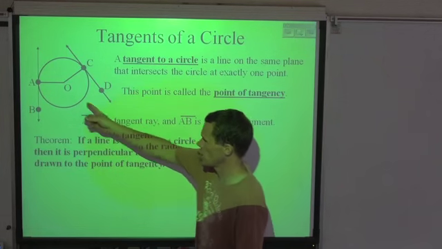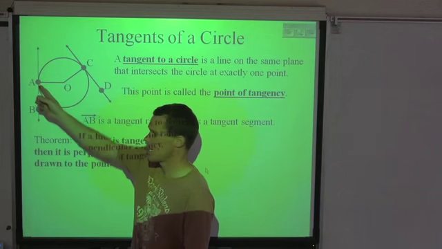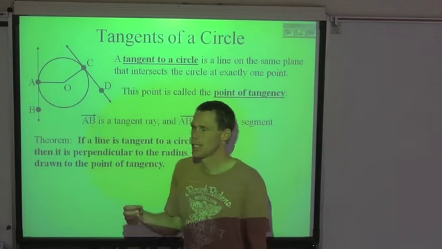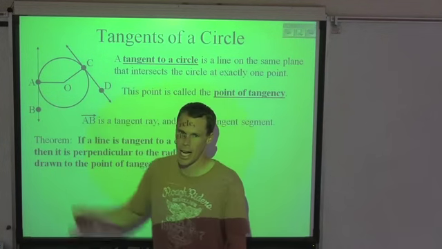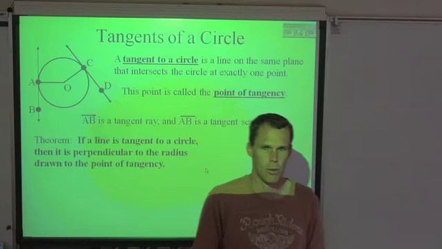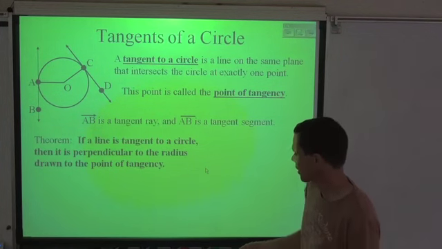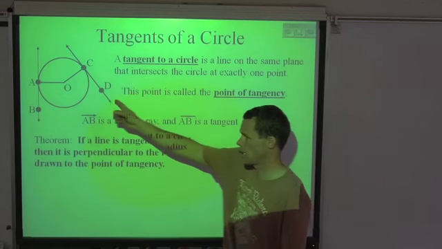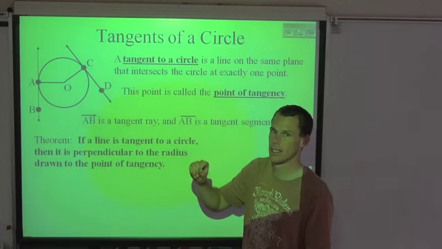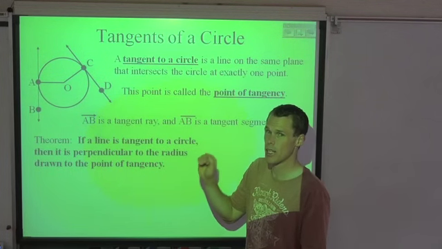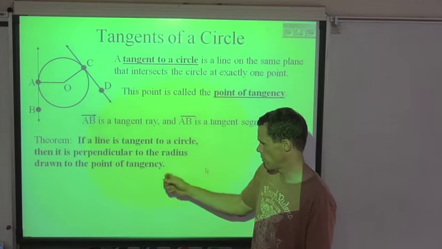Which means we should understand that O to A is the shortest distance between the point and a line. And the shortest distance between a point and a line is always perpendicular. So, tangent lines connected to a radius, only specifically a radius, will form right angles.